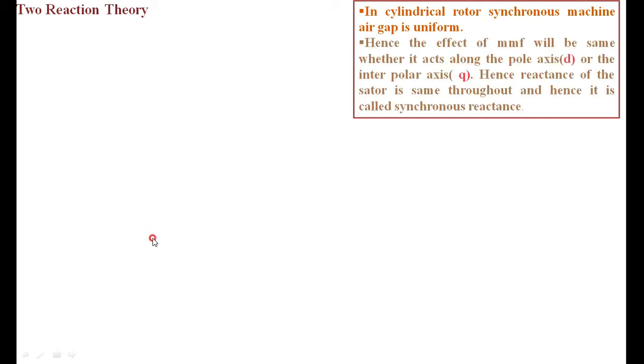That we'll see now. The same thing is written here. In a cylindrical rotor, the air gap is uniform, hence the effect of MMF will be the same whether it is along the pole axis, that we are subsequently calling the D axis, or the interpolar axis. The gap is uniform.